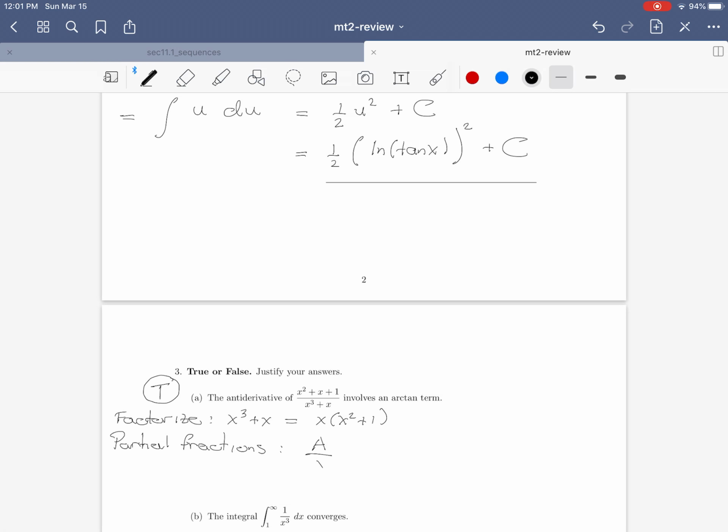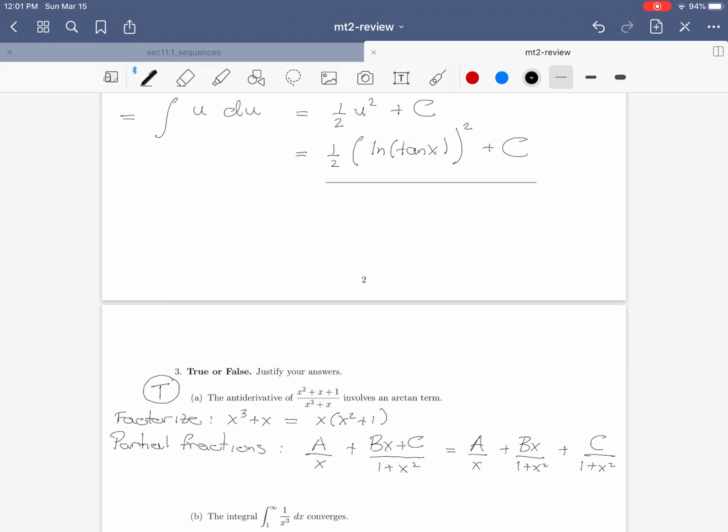This takes the form a divided by x plus bx plus c divided by 1 plus x squared. Let's expand this out a little bit more. So this is a divided by x plus bx divided by 1 plus x squared plus c divided by 1 plus x squared.